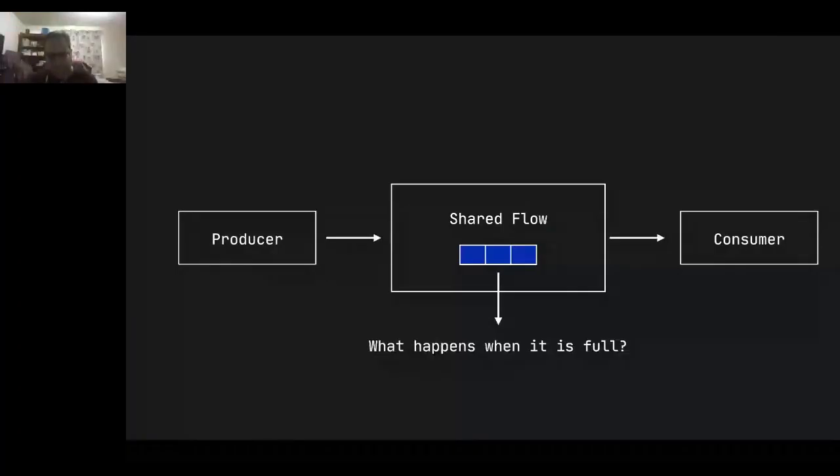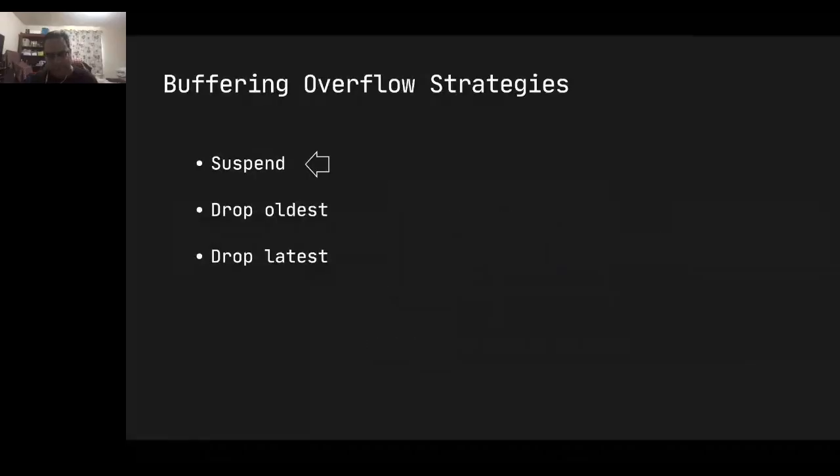But what happens when your buffer gets full? There are three different ways that you could specify how to handle that scenario. You could either suspend, or you could specify some eviction policy to drop oldest or drop latest.